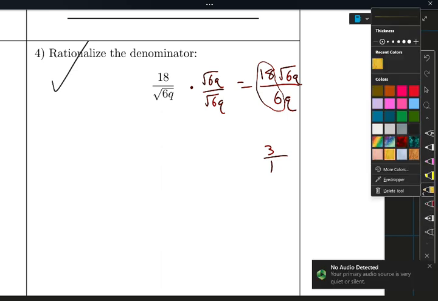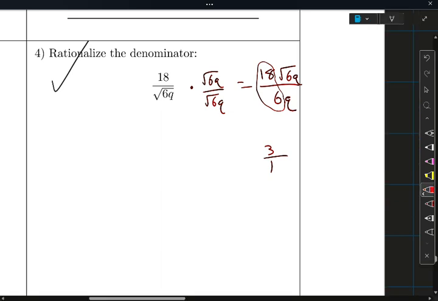I just want to change colors real quick so you can see I'm doing something different. We just carry over the root 6q over q. This is technically correct, but you don't really need that 1, so we'll say 3 root 6q over q, and we're good.